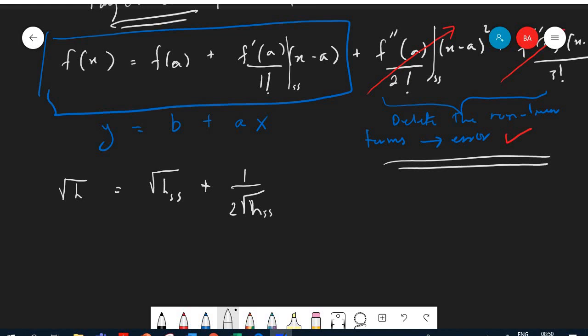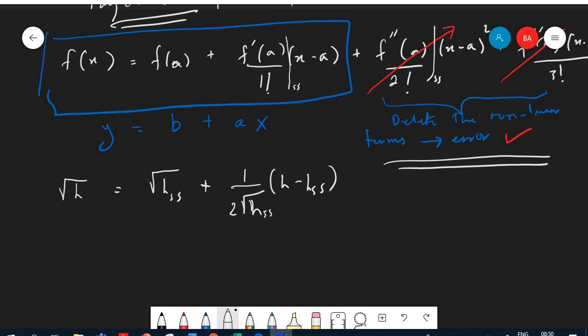This is multiplied by x minus a. Here x is inside the function, and a is the initial condition of that x. So x, which is h in this case, minus the initial condition of that h, which is the steady state value.